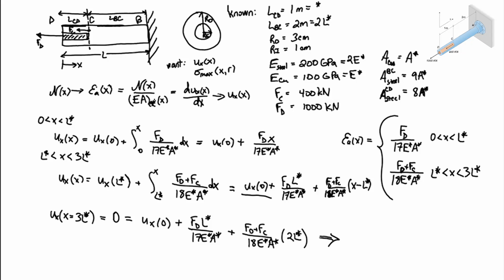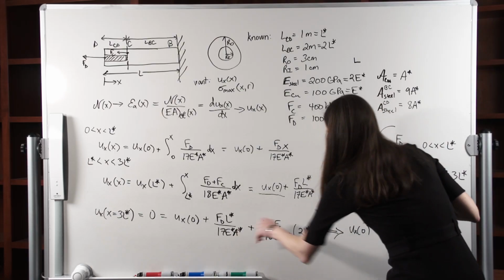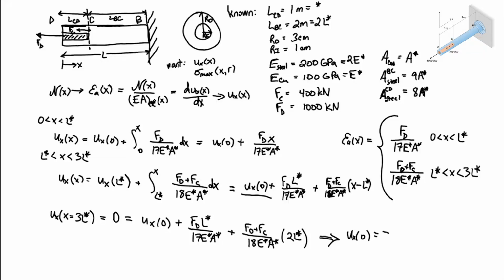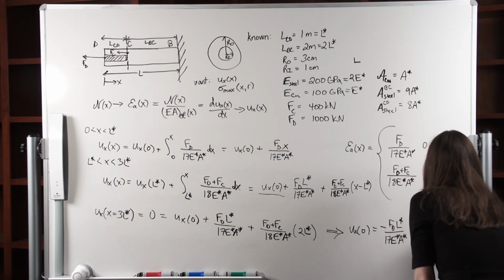Okay, and so then we just end up with ux of 0 equals minus this term. All right, so we have minus fd times L star over 17 E star A star, and then minus fd plus fc over 9 E star A star times L star.